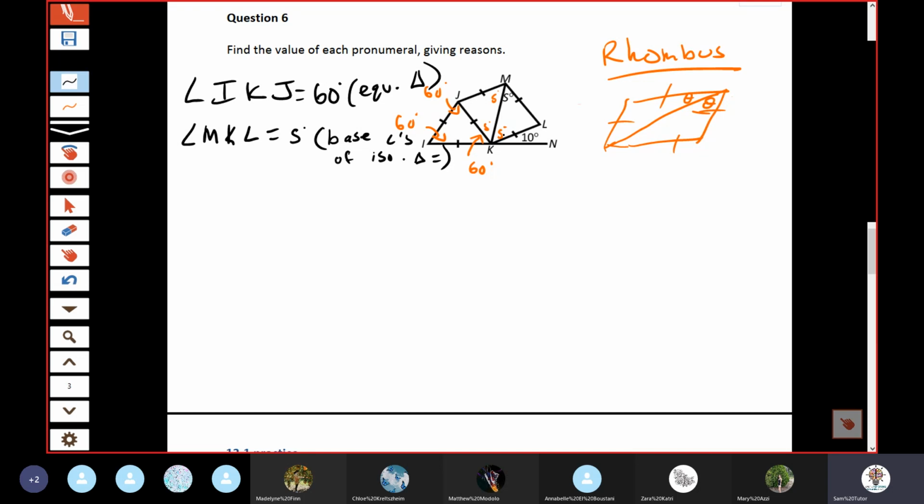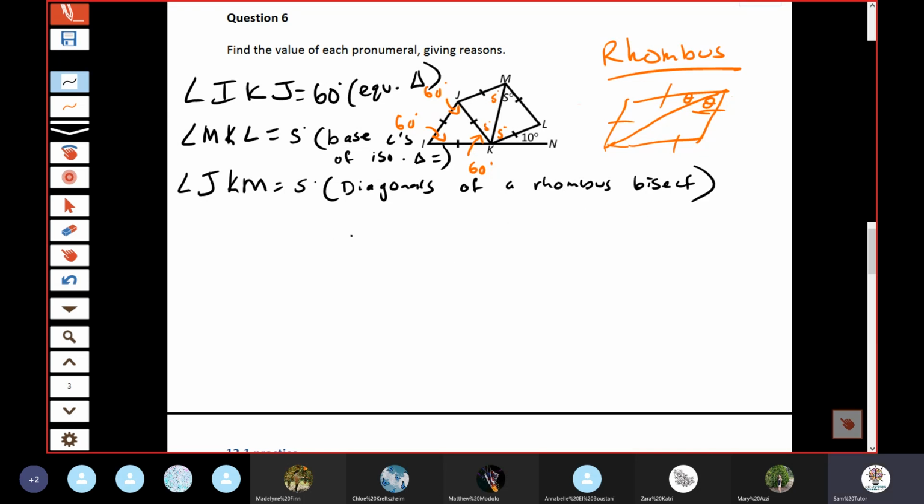Once we worked out that's S, what did we then say about JKM? Angle JKM equals S as well. Why? Not because of the reason above. Diagonals of a rhombus bisect. The angle on the top, that's good enough.